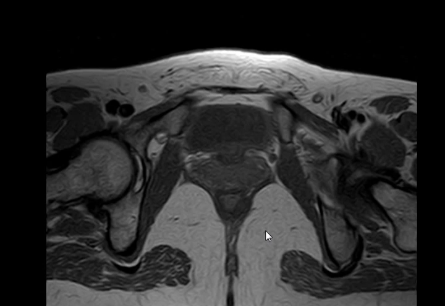This is a 27-year-old female patient having some pelvic pain and pelvic problems and things like that. Go.